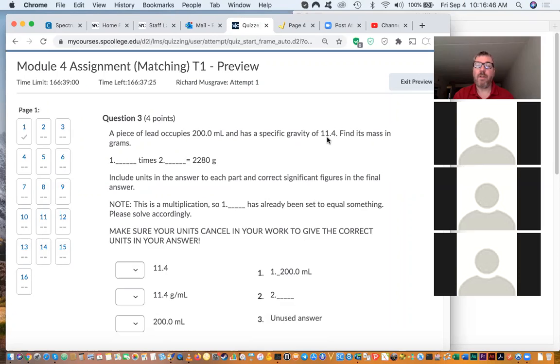However, when you're dealing with something like this, then the 11.4 will go for 11.4 grams per mil, not just 11.4. And again, the reason is because we want to make sure that we have mils times grams per mil, which gives grams. So again, we want those units to be okay. Does anybody have any questions?